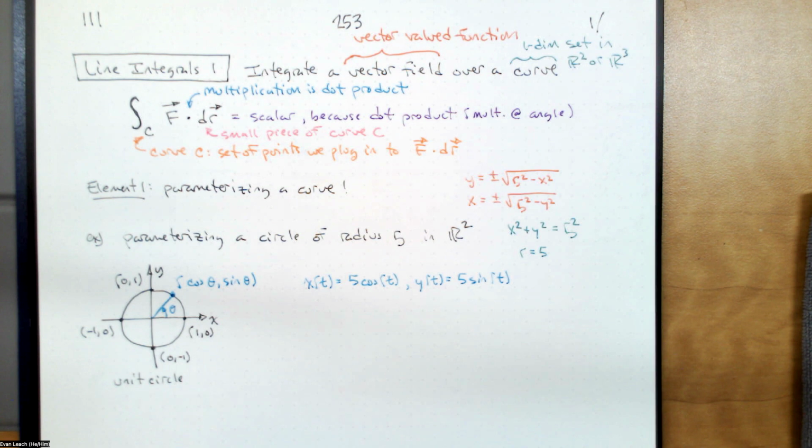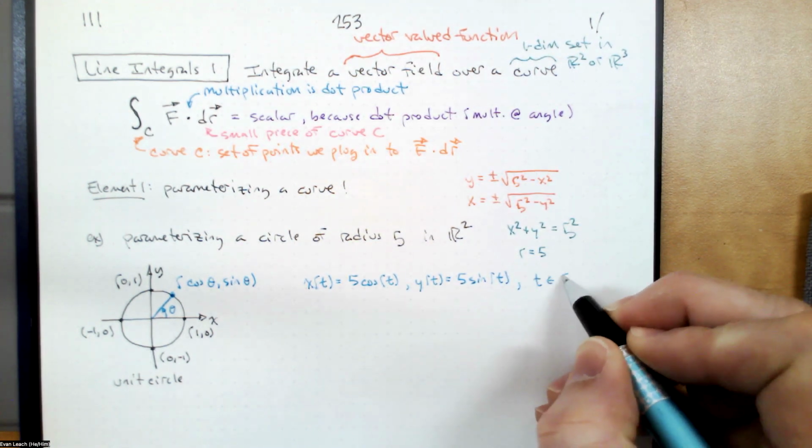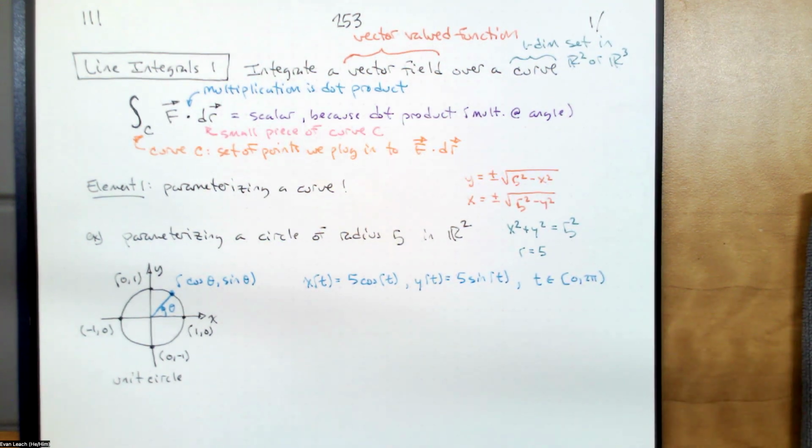If I want the whole circle, I'll have t go from 0 to 2 pi. This will describe a circle of radius 5.